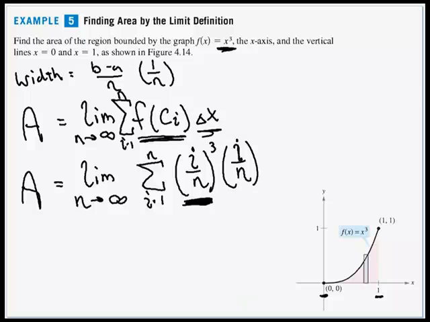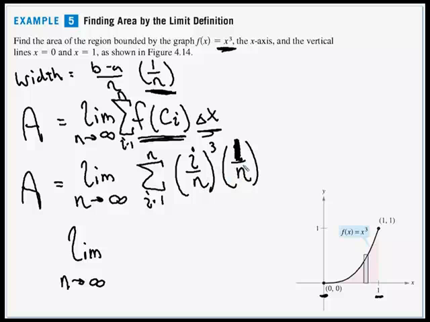So we're still thinking about this as a limit as n goes to infinity. Let's see what we can pull out front here. I to the third is going to be up top, and n to the third in the denominator, and we have another n here.